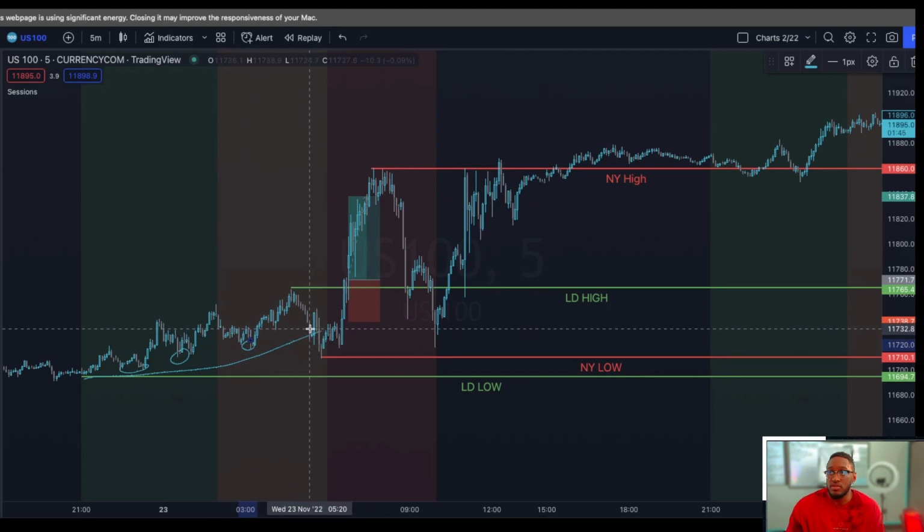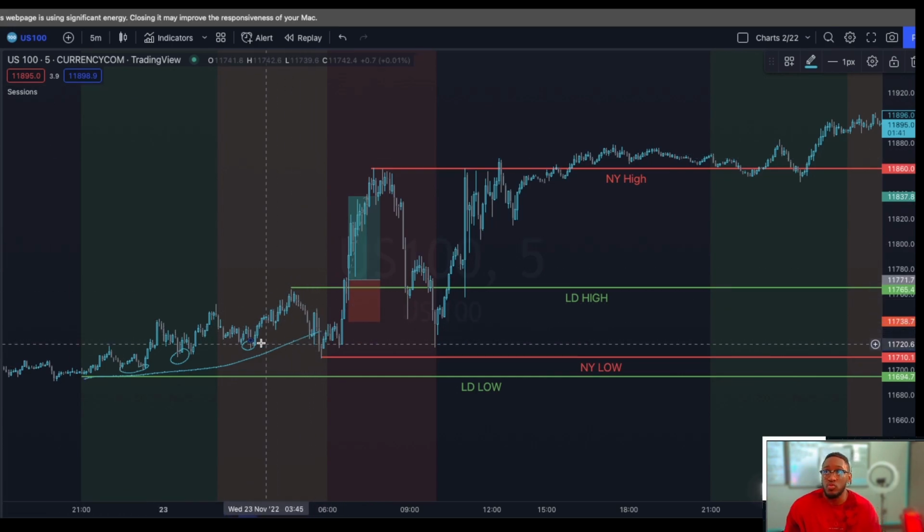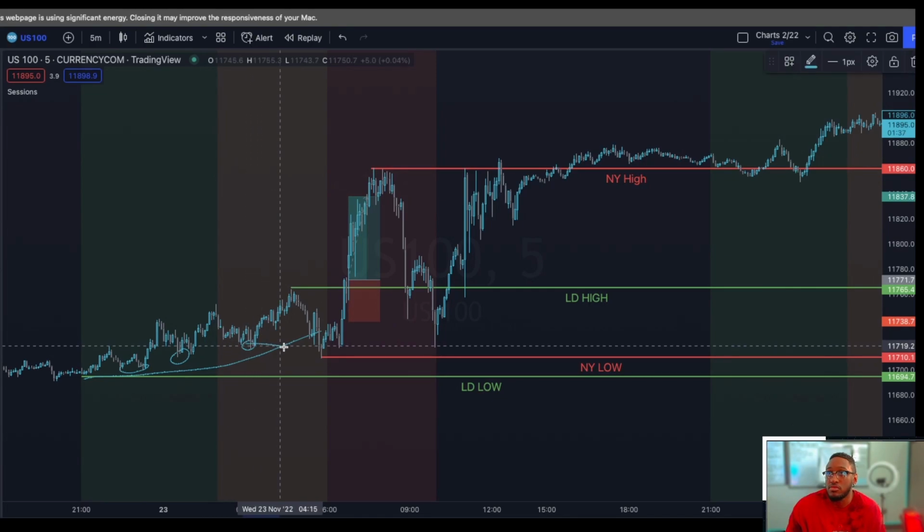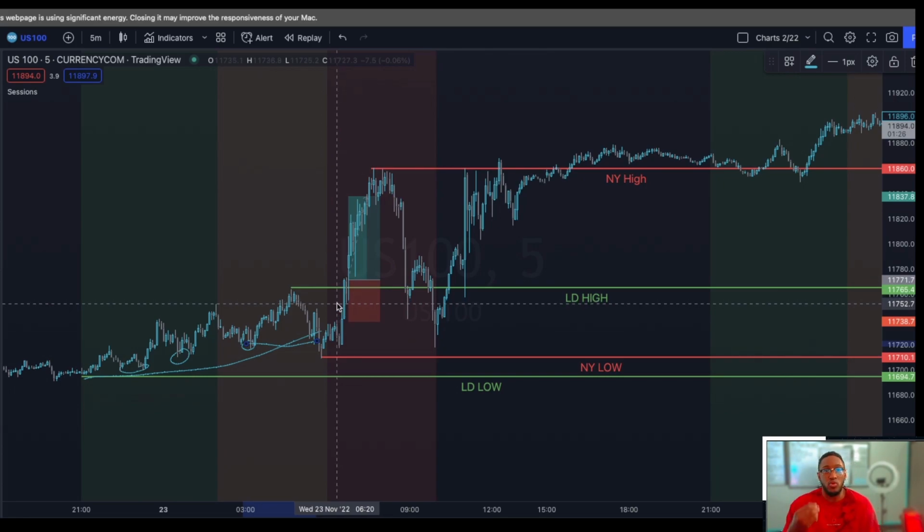New York session starts, and this is where you get the ideology of sweeps. This right here is a previous pivot low. People will have buy limit orders or stop orders if they think that price is going to sell during New York session. So this is what it means to have a liquidity sweep.